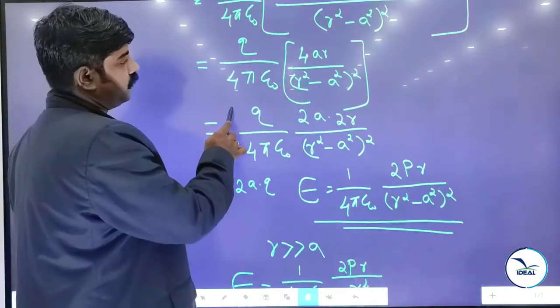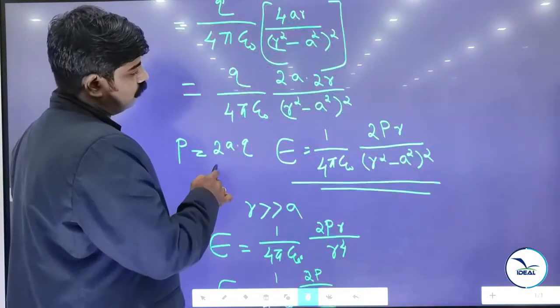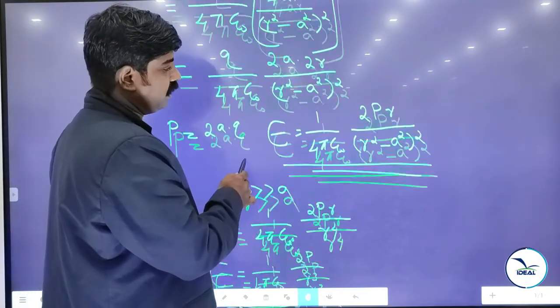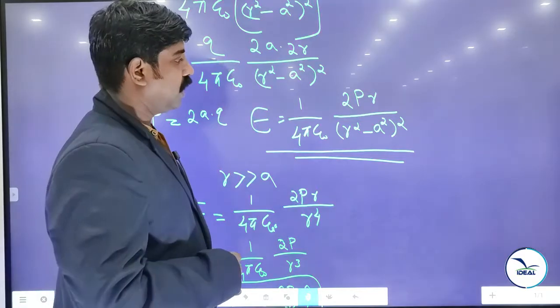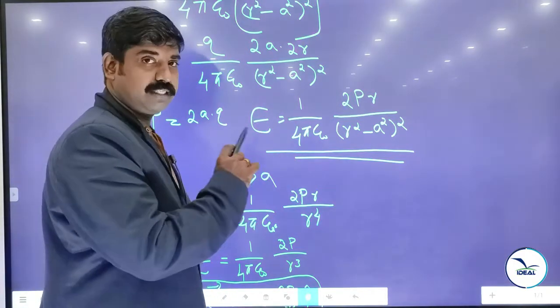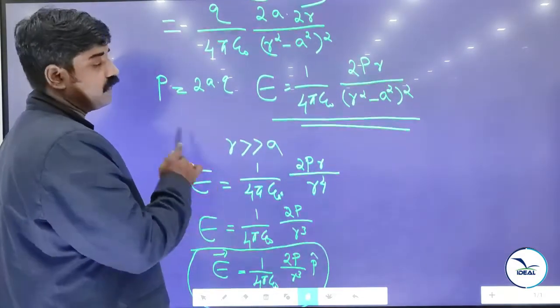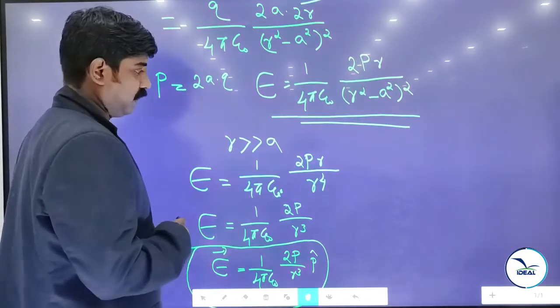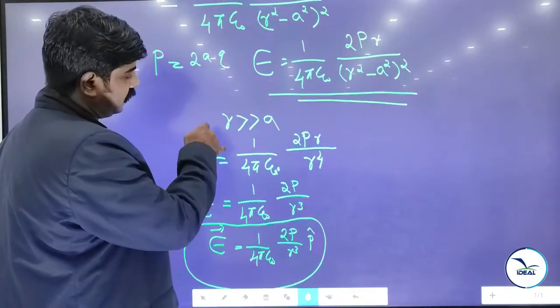And we know that 2aq is dipole moment. So, we can write this equation as E is equal to 1 by 4 pi epsilon 0, 2pr divided by (r square minus a square) the whole square. But we know that r is very much greater than a, that is a is very small. Then we can neglect that a.